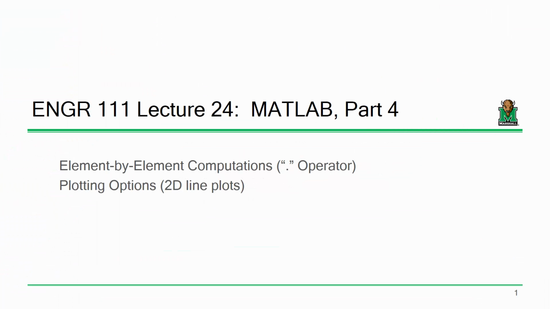All right. Today we're going to spend most of the lecture focused on plotting. Before we do that, though, we need to go off a little bit on the side and talk about element-by-element operations, and specifically how the dot operator will affect how you perform computations in MATLAB with 1D arrays.